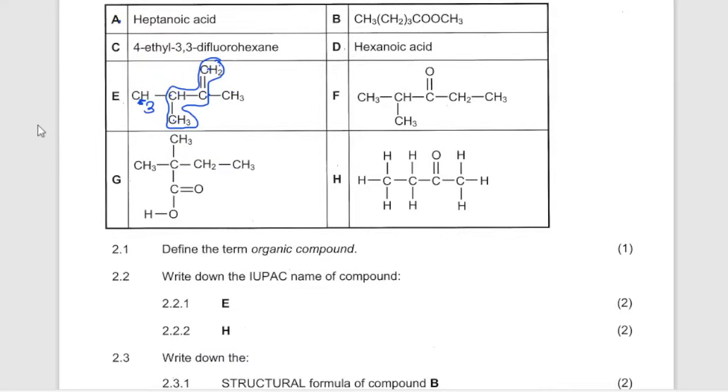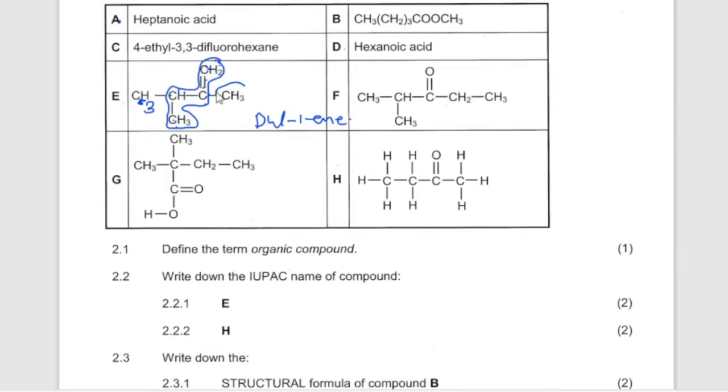All right, so it's going to be 1, 2, 3, 4. So it's going to be but-, and because it's a double bond, it's going to be butene. The double bond is on carbon atom number 1, so it's going to be but-1-ene.